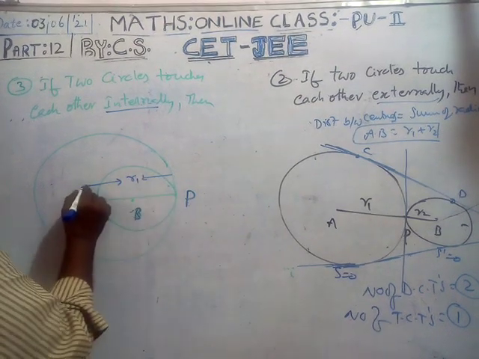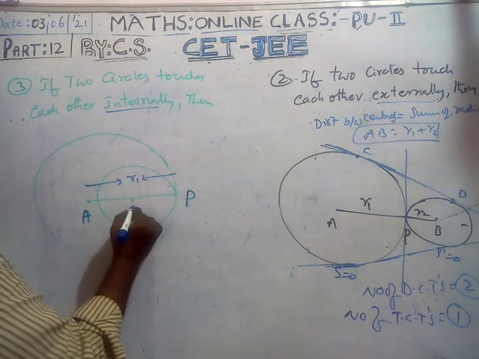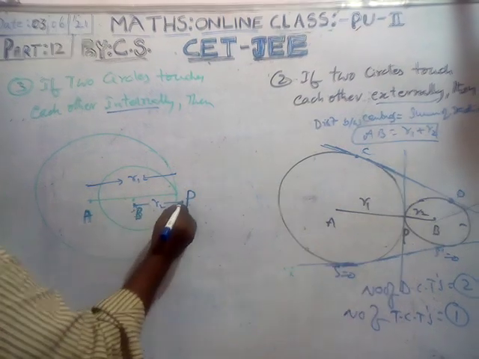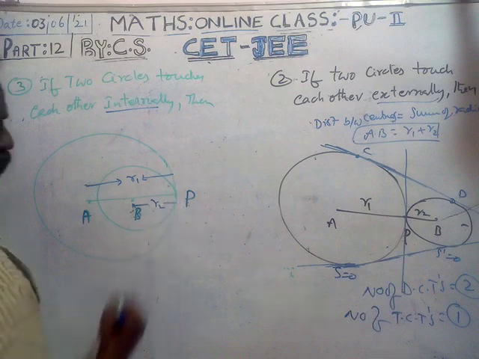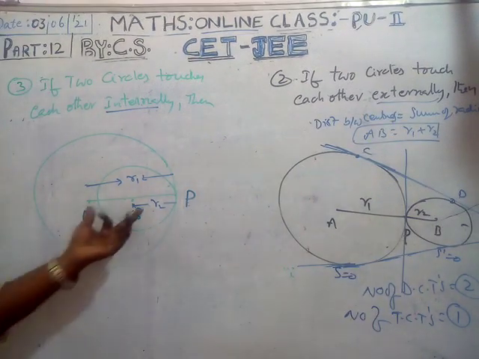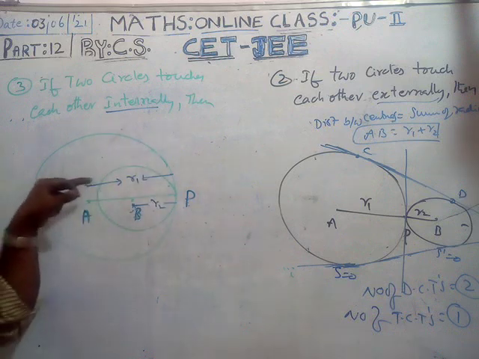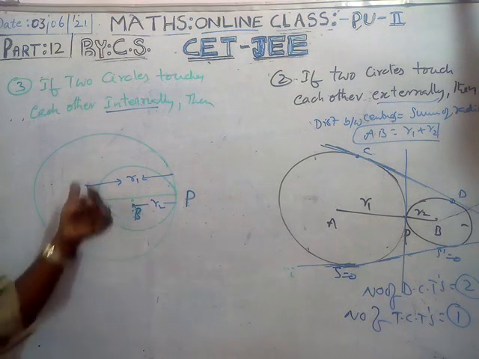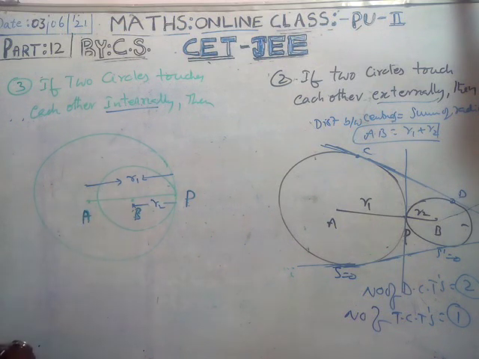But this is R2. R2 is the radius of the second circle which is touching the first circle internally. B is the center, R2 is the radius, whereas the first circle has center A and radius R1.